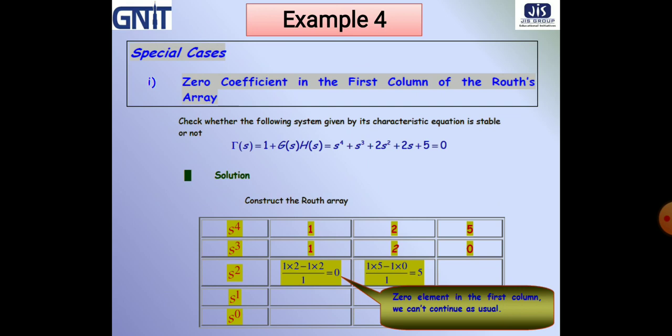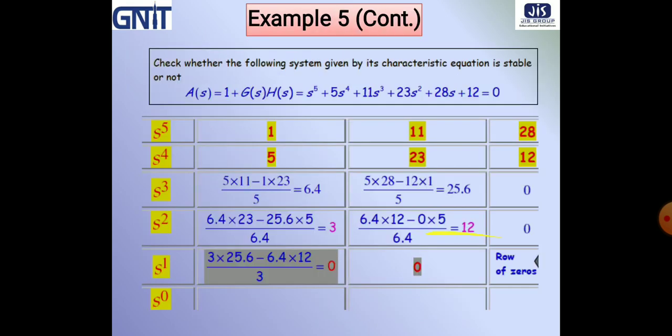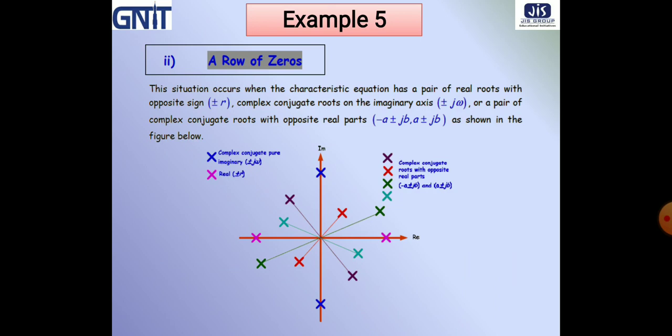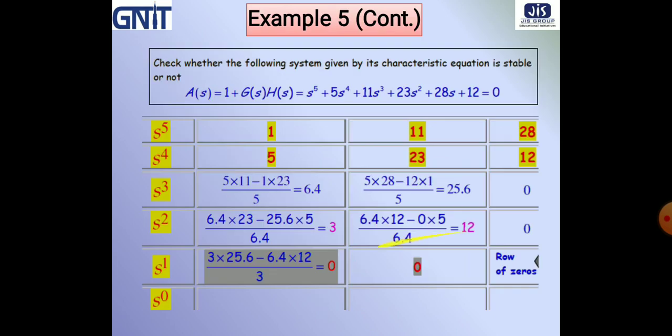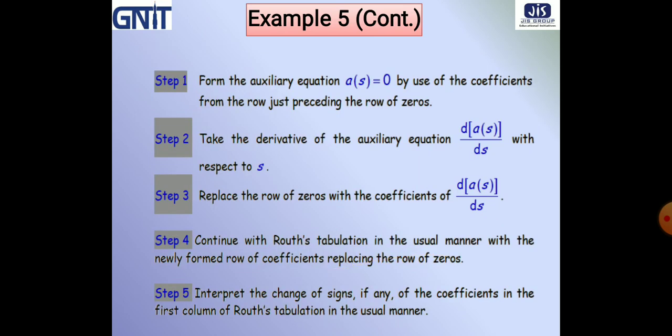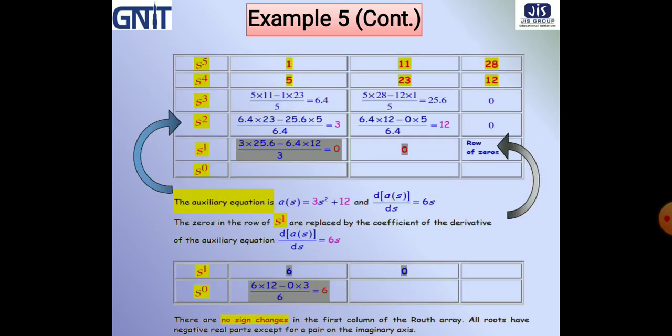Next, there is the row of zeros condition for the marginally stable case. If there is a row of zeros, then you have to find the auxiliary equation using the coefficients of the previous row. Then you differentiate that auxiliary equation, and using its coefficients you proceed further.